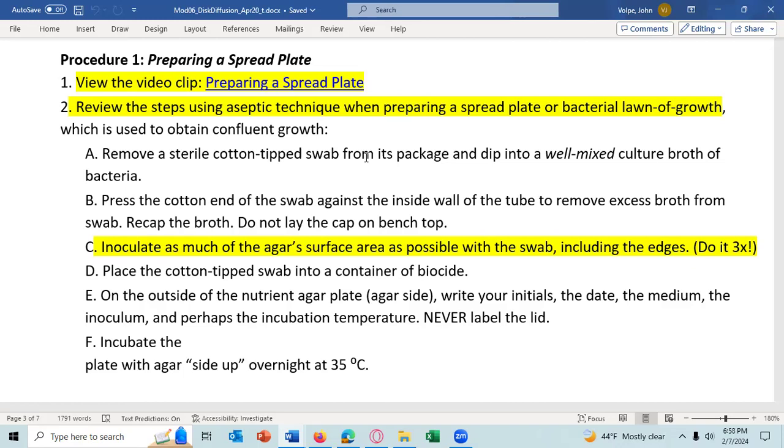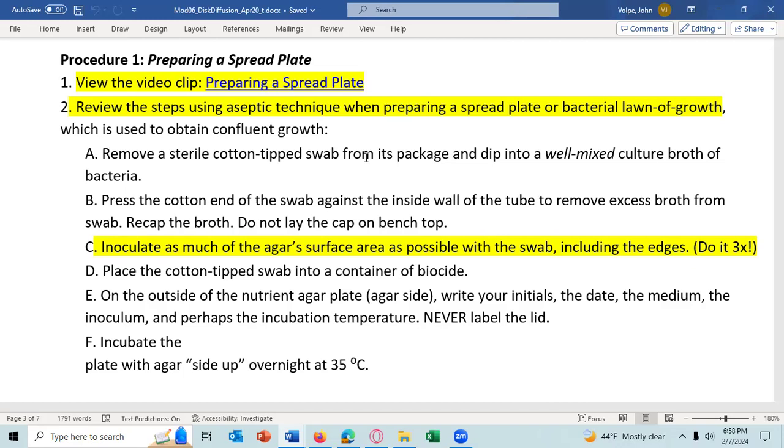Then you rotate the plate a fourth of a turn again and swab the plate everywhere again. You do that at least 3 times.